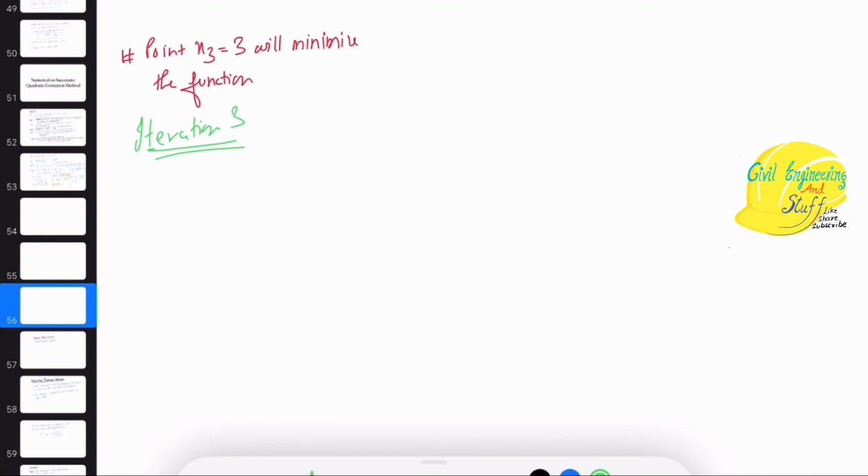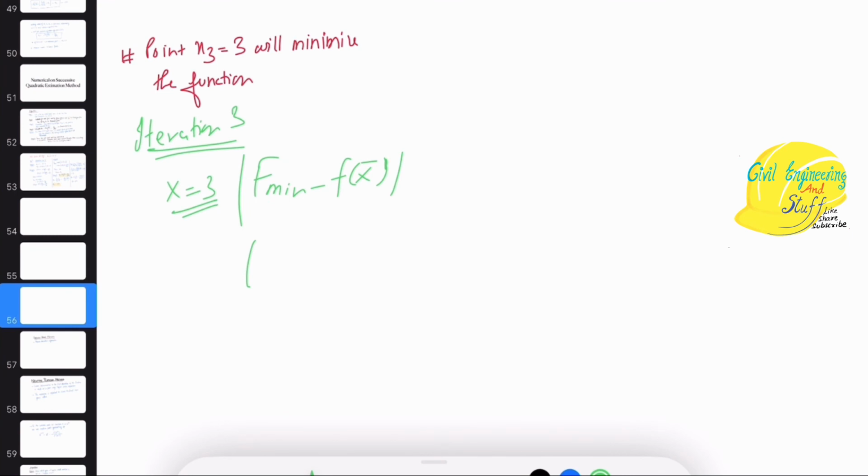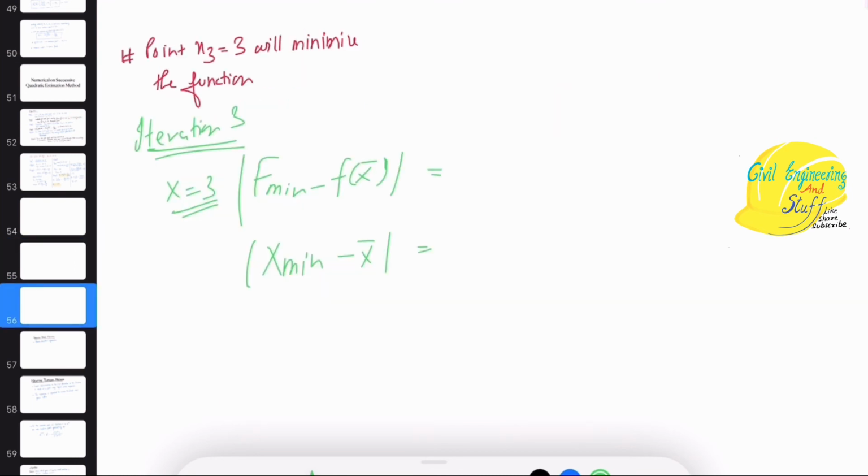All right, try and do it yourself, and you will see that your point x equal to 3 is still giving the minimum value, and your f minimum minus f of x bar and your x minimum minus x bar, right? These values, compared to the values that we have obtained in these steps, are higher than these. Okay, try and solve it, right?